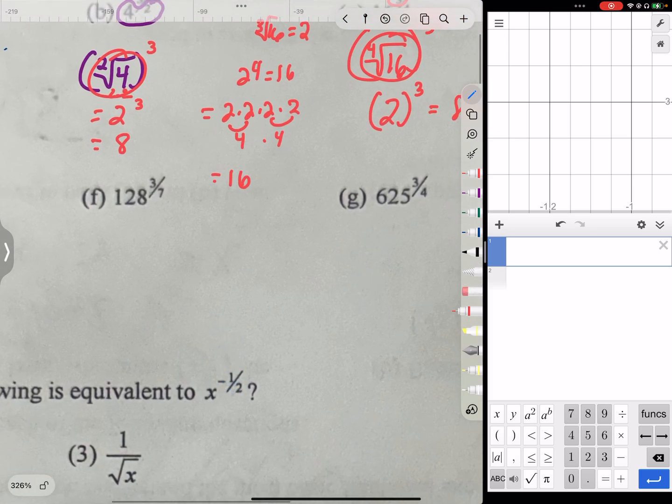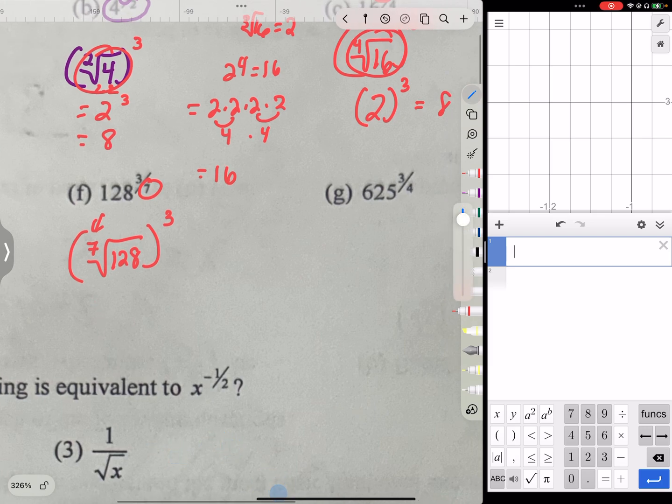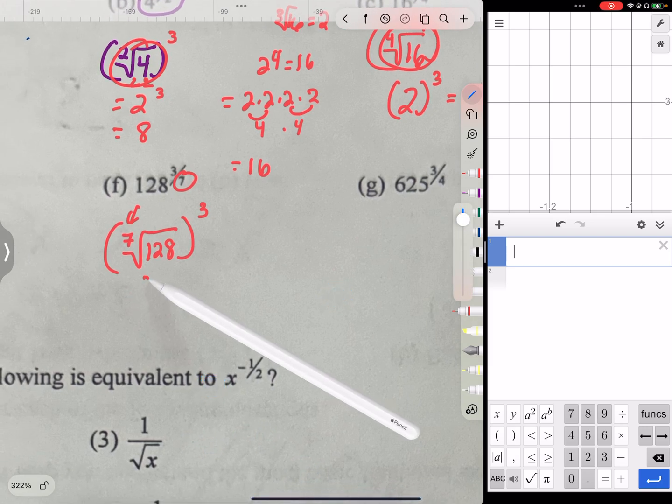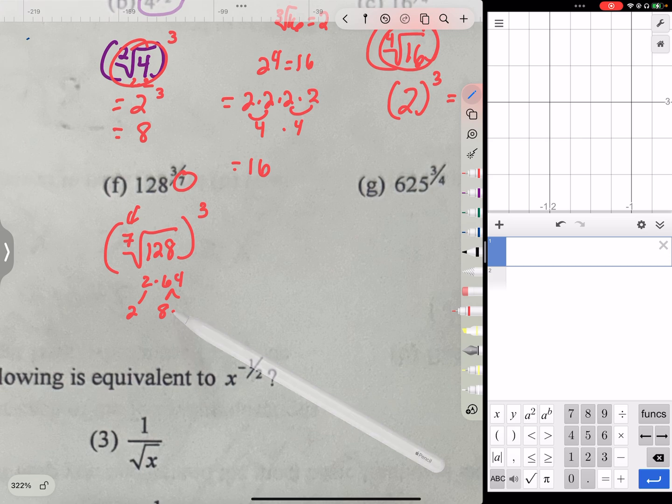Getting the idea? Ooh, I don't know about 128. Is the seventh root of 128 something I can do? Right? Then after I get done doing it, if I can, I got to cube it. So 128 is a big number, but it's been taken times itself 7 times, whatever the number is. So that's got to be a pretty small one. Let's see. So we just factor it. 2 times 64. Make a little factor tree. 64 is 8 times 8.